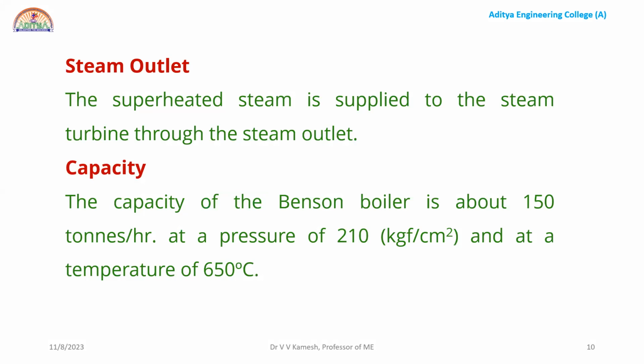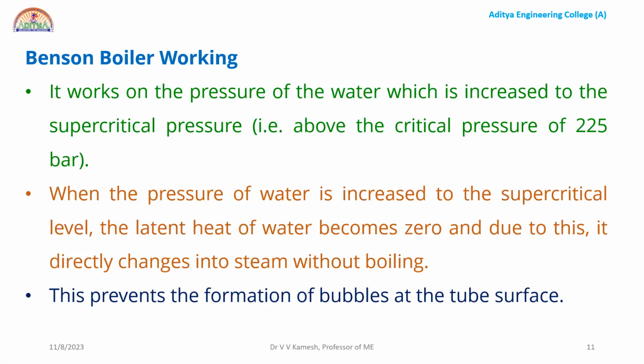The capacity is very high. Benson boiler capacity is nearly 150 tons per hour, but we maintain nearly 135 tons at a pressure of 210, though we have the facility up to 250 bar, or some with 225 bar also, and at a maximum temperature of 650 degrees centigrade.